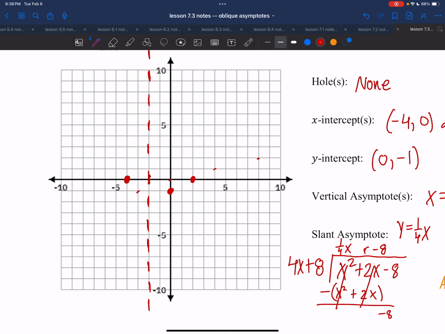Oh, sorry. That's negative 4. There we go. Then down 1, back 4, about right there. Okay. So I'm going to try my best to make a straight line.